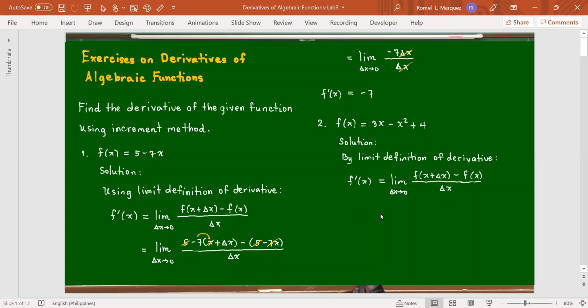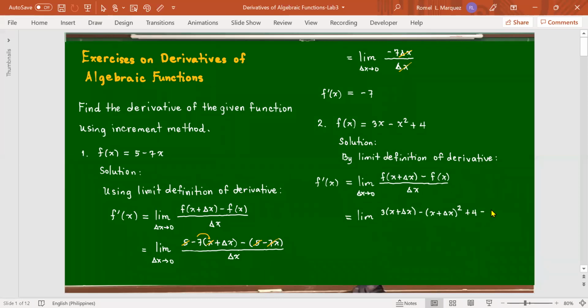So our f of x is given by this quadratic function. We want to know f of x plus delta x, meaning we're going to replace x by x plus delta x, no? So we have 3 times x plus delta x, minus x plus delta x quantity squared, plus 4, and then minus f of x.